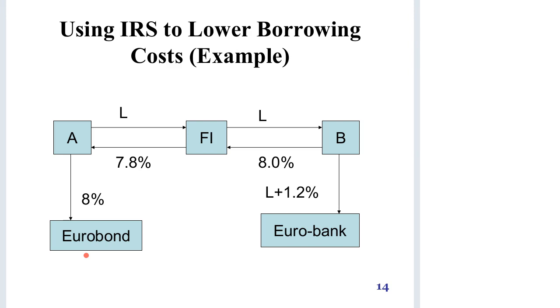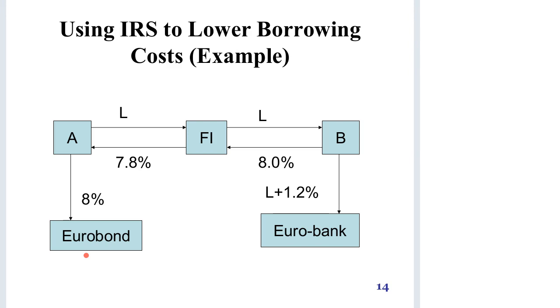If you add these two together, it has a net cost of 1.2%. It also pays a cost of 8% to the financial institution. So its net cost is 8% to the financial institution and 1.2% as the difference between the LIBOR it receives and the LIBOR plus 1.2% it pays out.